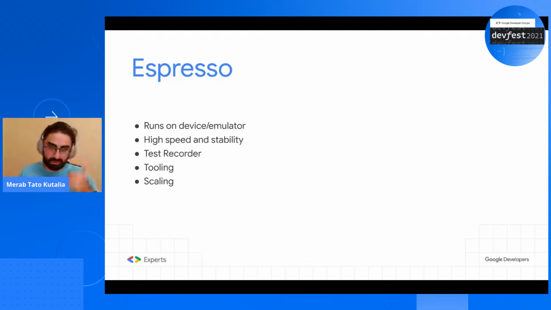One of the greatest features of Espresso is the test recorder. I'll try to make a demo of the test recorder, but we are very short on time. The test recorder is basically a feature where you push a button to record the test.